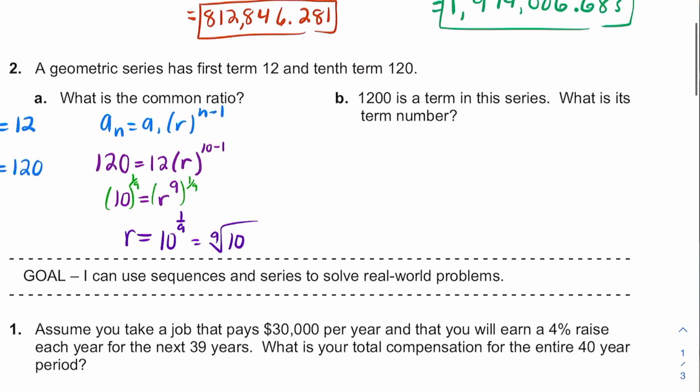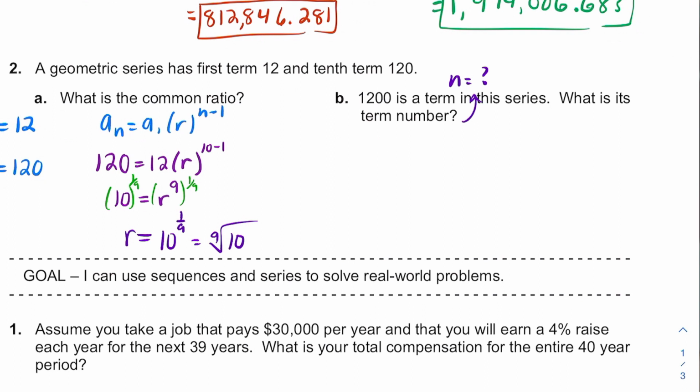So next up, 12,000 is a term in the series. It's somewhere. This means that we don't know what n is. What is the term number? That's n. So that's some an term.